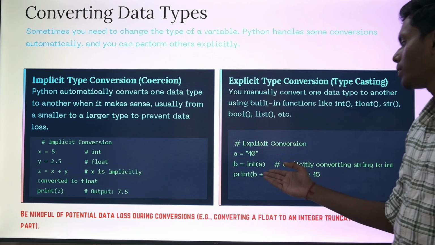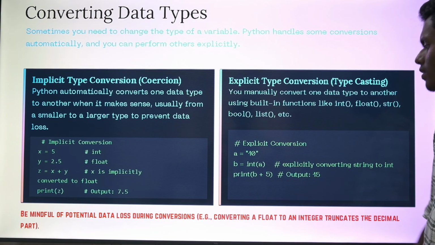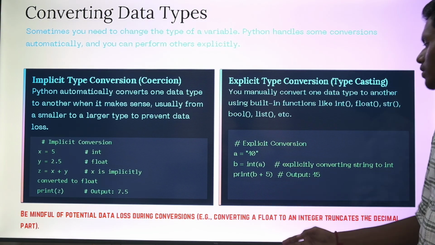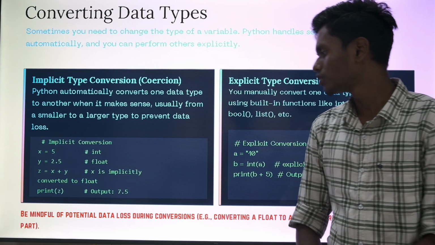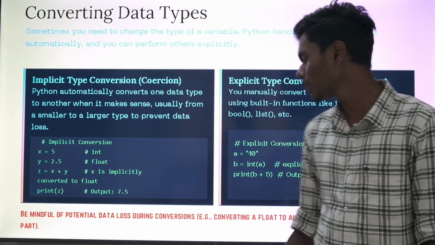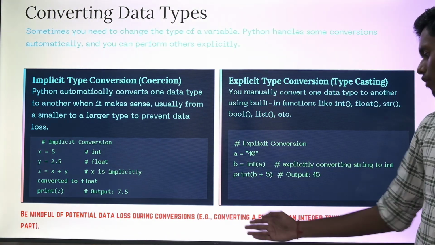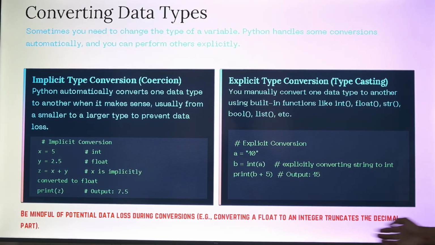So a is explicitly converted to int. Then if you print b plus 5, that is 10 plus 5, the output will be 15. Be mindful of potential data loss during conversions, for example, converting a float to an integer truncates the decimal part.